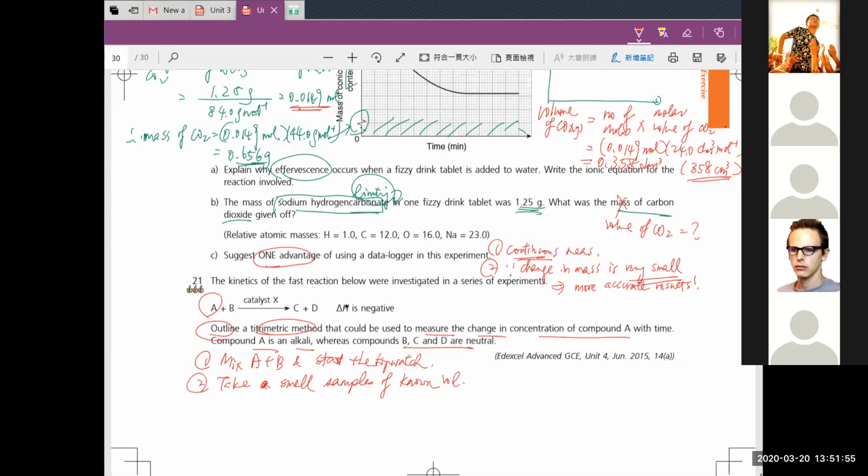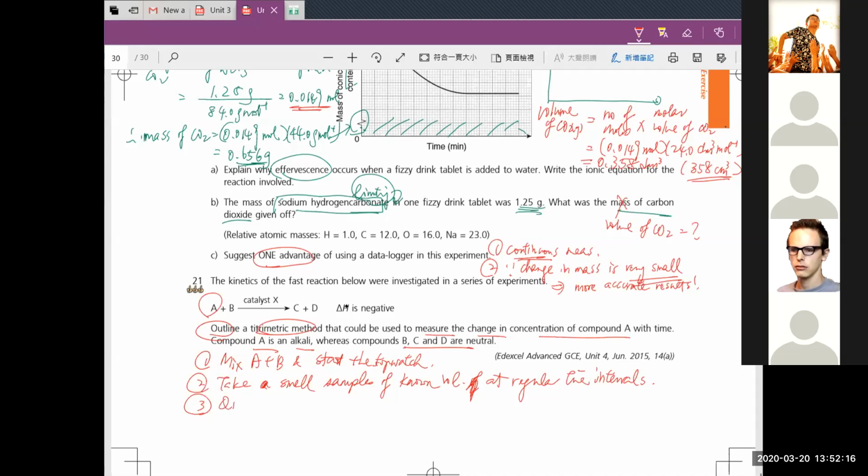You use a pipette at regular time intervals. You are going to do that action quite frequently, maybe per 5 minutes interval.